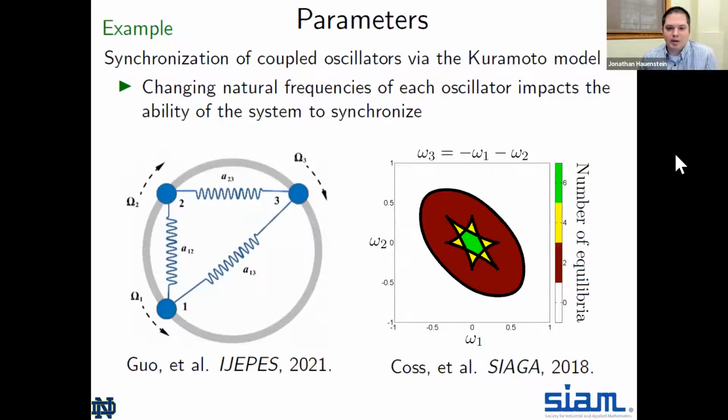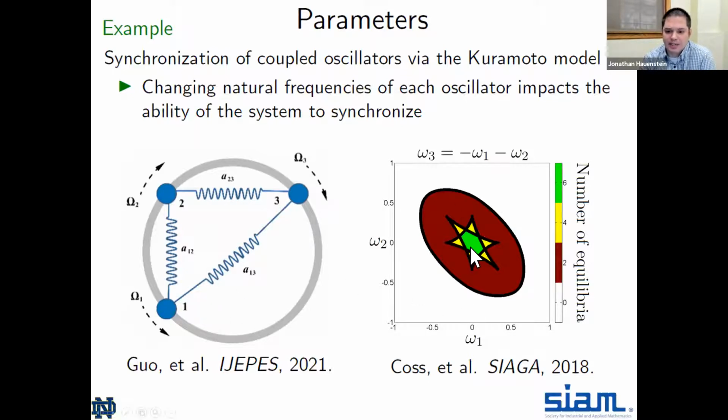Another example of parameters is when you're trying to synchronize coupled oscillators. Each one of these will oscillate around in a circle. And let's say they have uniform coupling, so we don't have to worry about that. The thing that we can control is how fast each one would rotate, so its natural frequency, if it wasn't coupled. As these start spinning faster and faster, it becomes harder and harder to make this a coupled system that can synchronize.